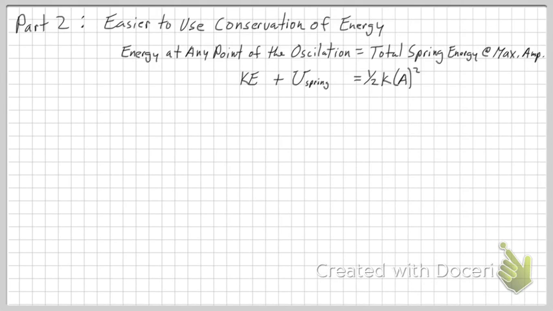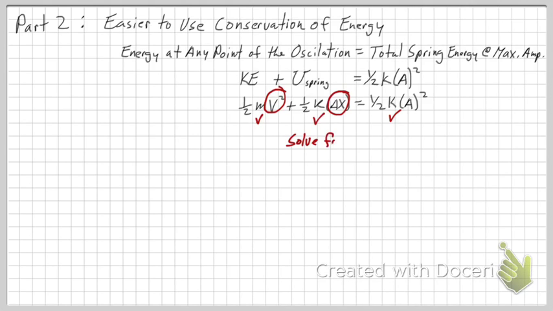And I know the kinetic energy because I'm given the velocity. I know the potential energy because I'm given the position. And then I know that it has to equal the total energy at the amplitude. So the only unknown I have in this expression right here is my amplitude, and so I can solve for amplitude, and that is that part.